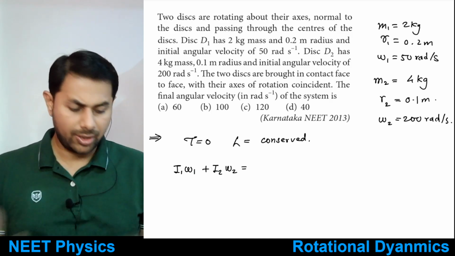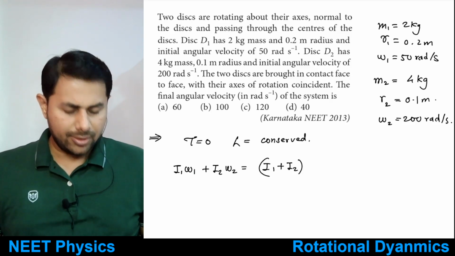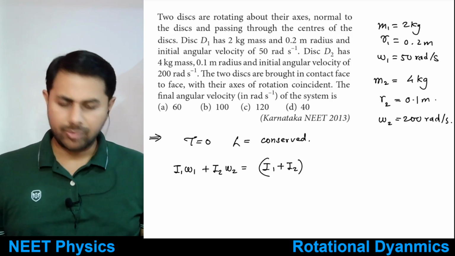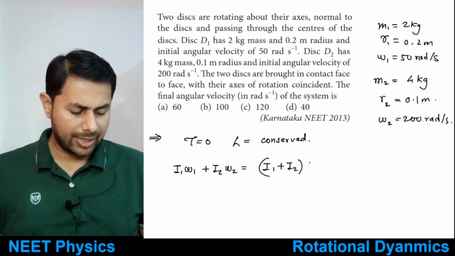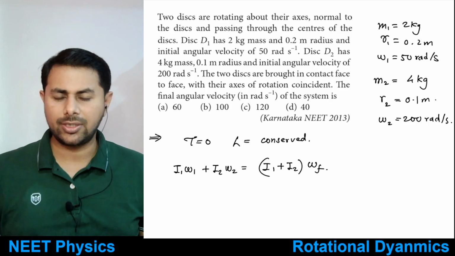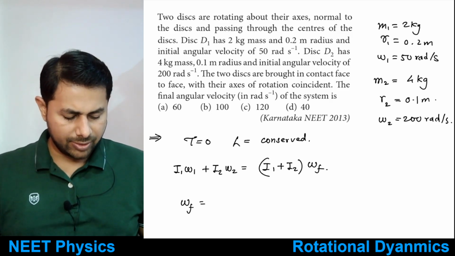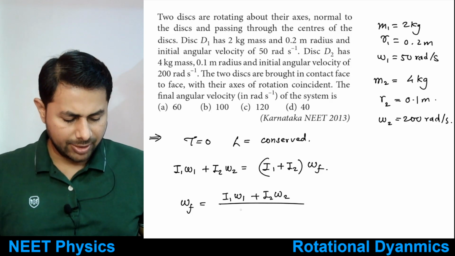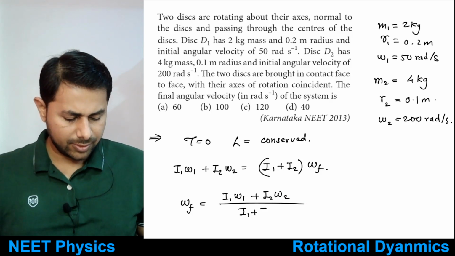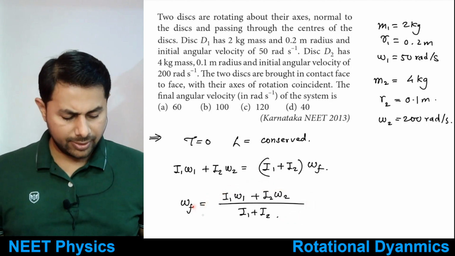When they are brought in contact, what will happen? The moment of inertia will be just the sum of the moments of inertia of the two bodies. So I1 plus I2 multiplied by the angular velocity omega f. So omega f is equal to I1 omega 1 plus I2 omega 2 divided by I1 plus I2. Henceforth you can directly write down this formula, right?